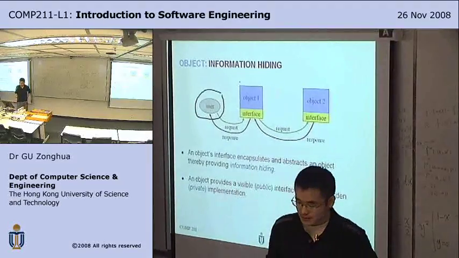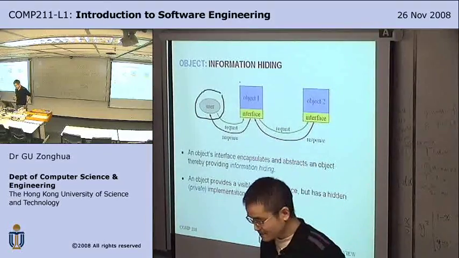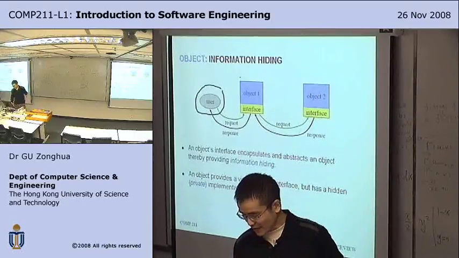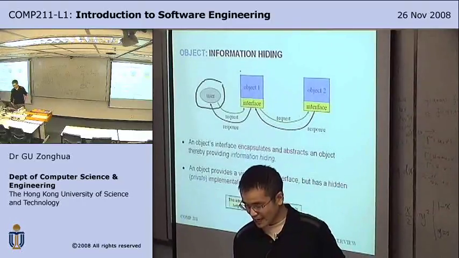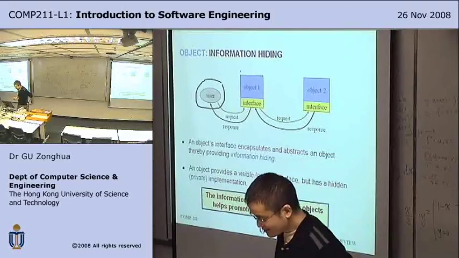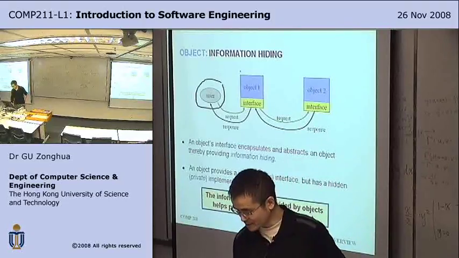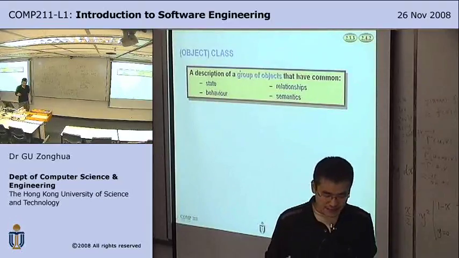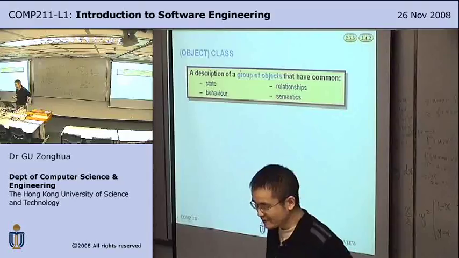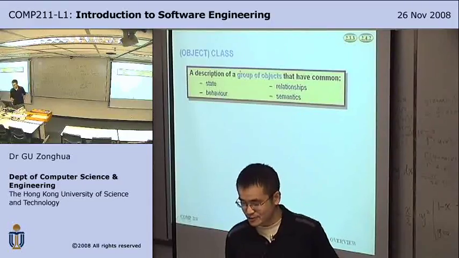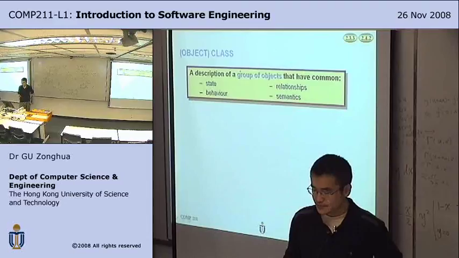Interface is public, collection of operations. Implementation is private. That is the method behind each operation. Information hiding helps promote modular development. So class is a classifier. It describes a group of objects that have common state, behavior, relationships, semantics.